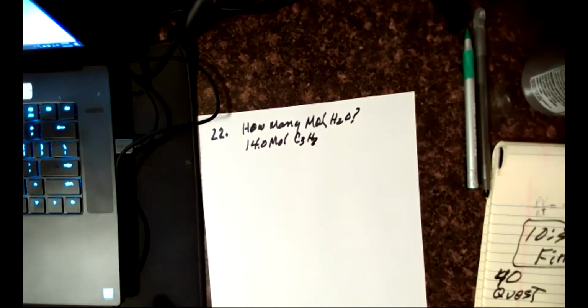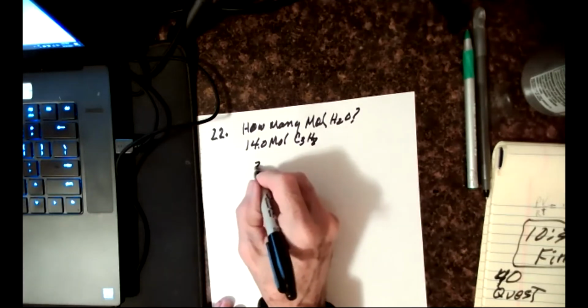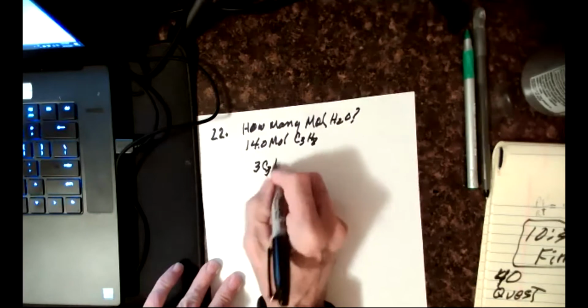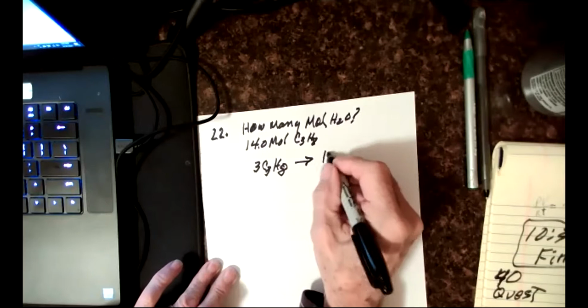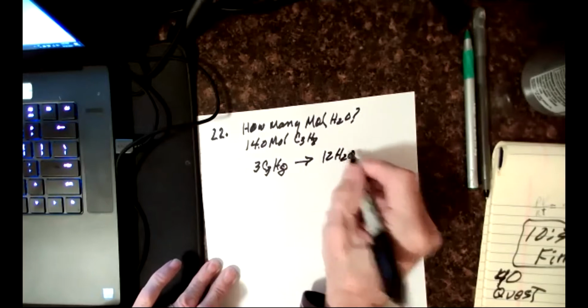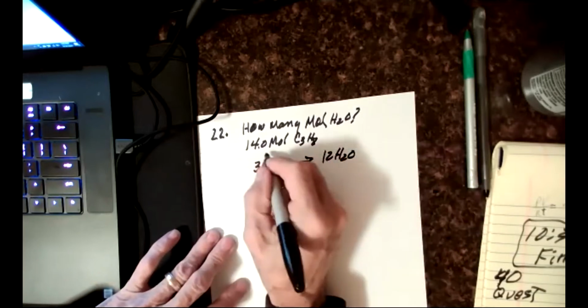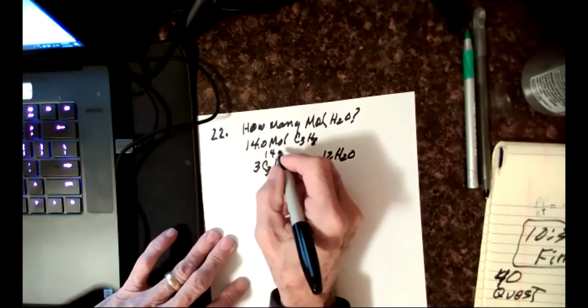Okay, let's get back up there where I can see my equation again. The C3H8, there was 3 of them. And the water, there's 12. And we got 14 moles of this one.